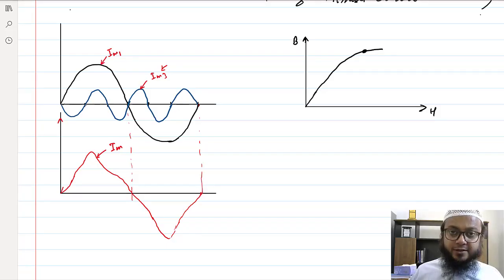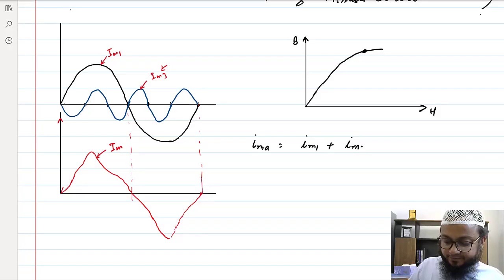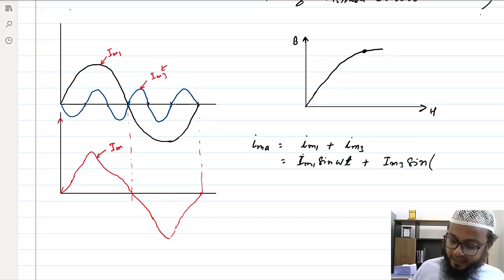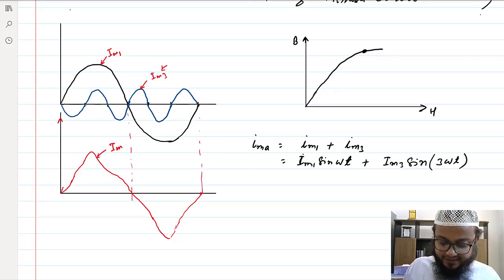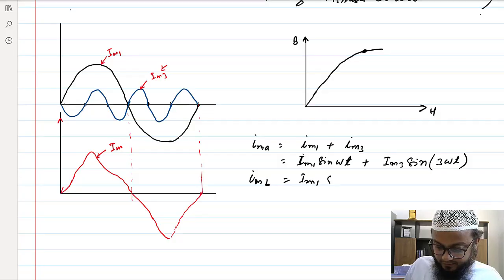And if we write the magnetizing current for each phase, let's say IMA, it would be IM1 plus IM3. And the expressions would be IM1 sine omega t, and the third harmonic component is IM3 sine 3 omega t. Similarly, for the other phases, IMB would be IM1 sine omega t minus 120 degrees.